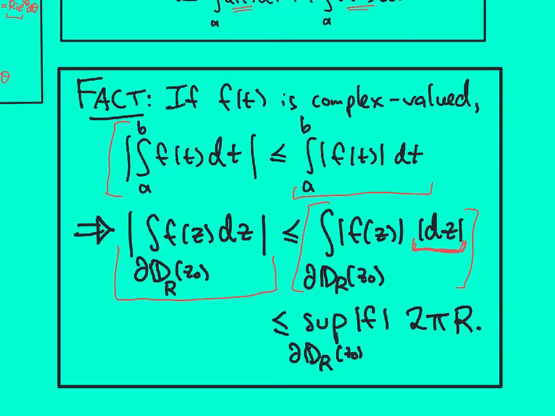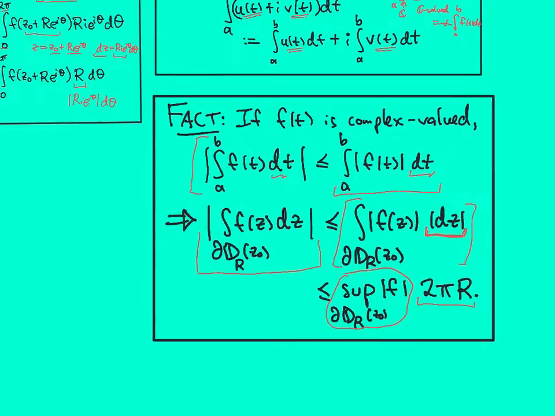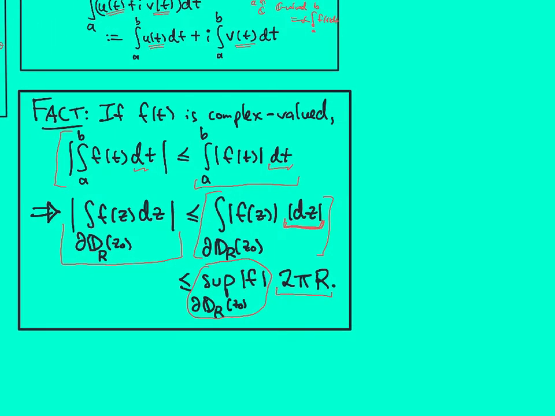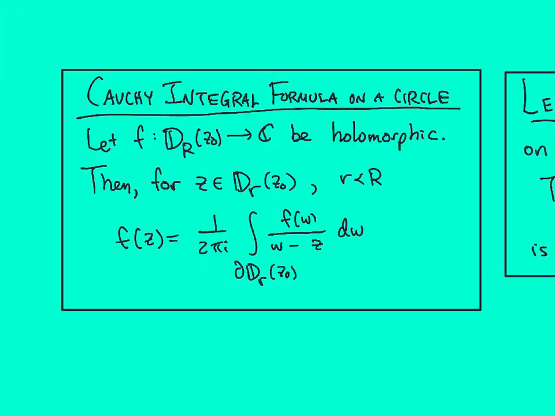It's not just some kind of dt like we had up here. You have to do an arc length integral, and this in turn we can bound by the supremum of f on the circle times the length of the circle, 2 pi r. Now this fact takes a bit of work to show, but it's not difficult either, so I'll leave it as an exercise.